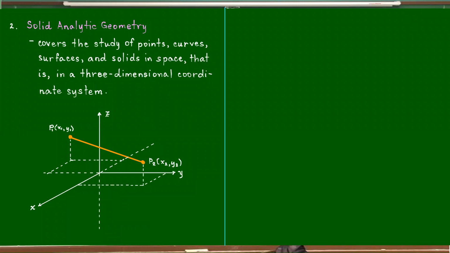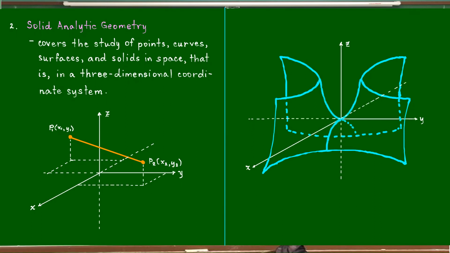So there are 3 dimensions: x-axis, y-axis, and z-axis. Another one, we have a surface drawn in a rectangular coordinate system. We call this a hyperbolic paraboloid. So this is a surface called a hyperbolic paraboloid. Okay, guys?